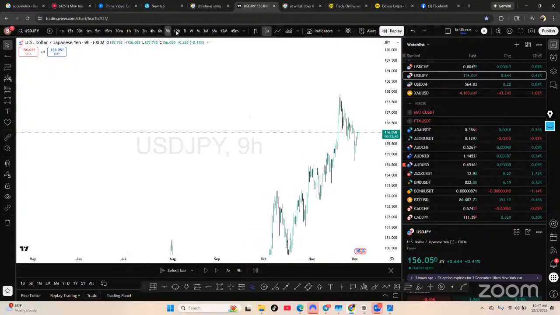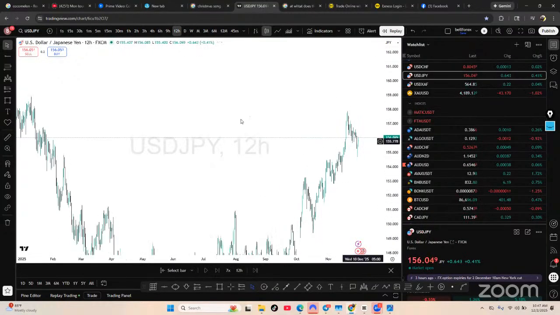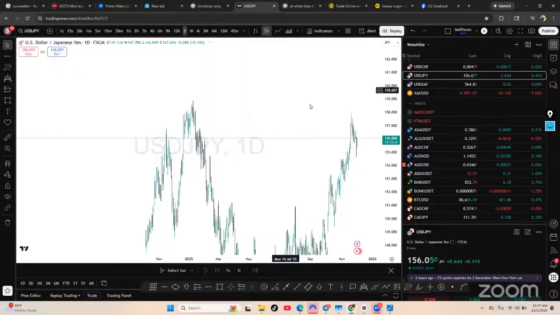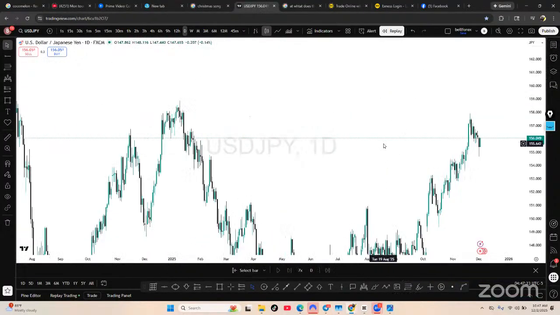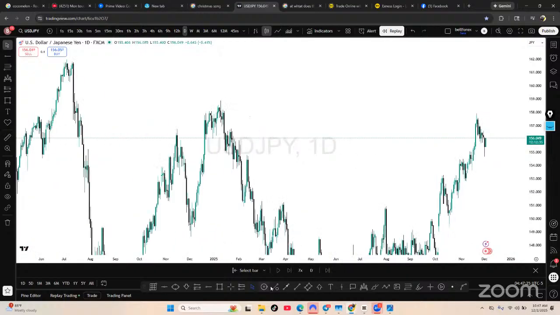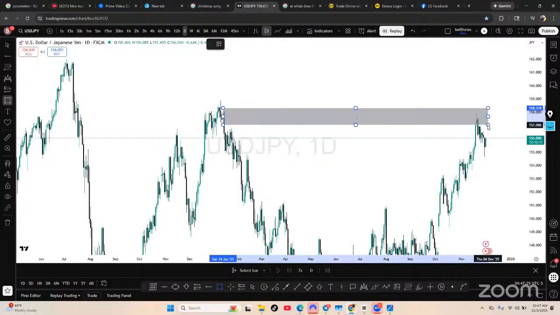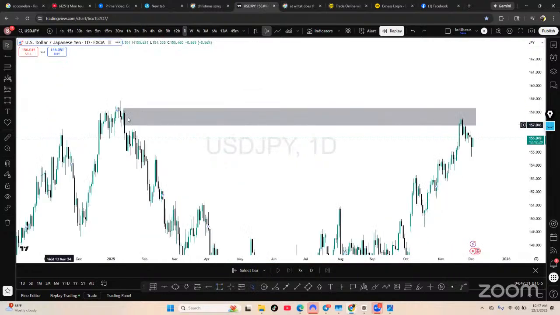I'm seeing a very swift movement here. Very interesting movement for the past few days. Targeted this block here.